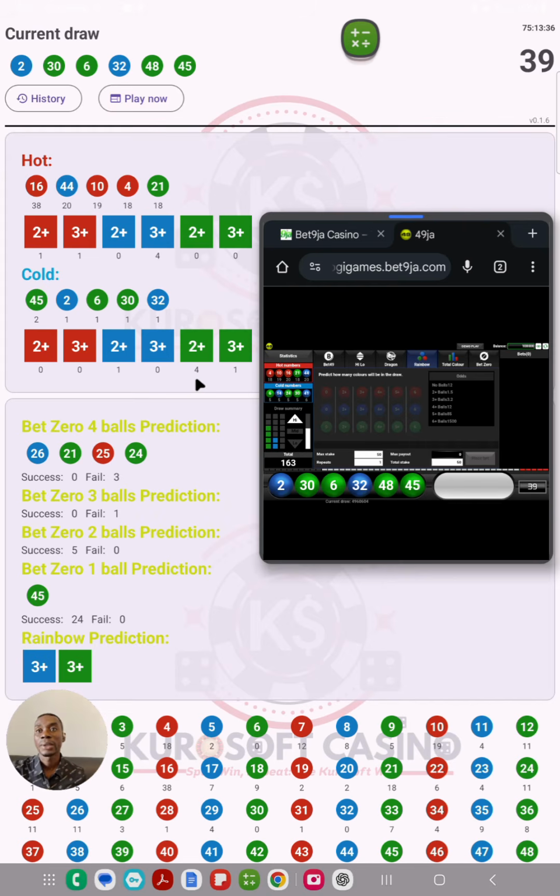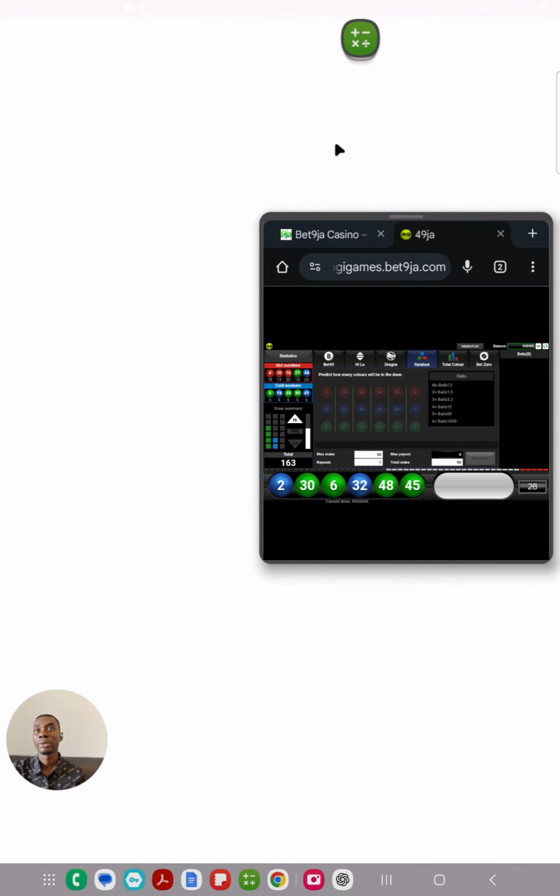Okay, here is the thing. Green is now leading. This one, the red has broken. Okay, so let's trade on the red at this point now.